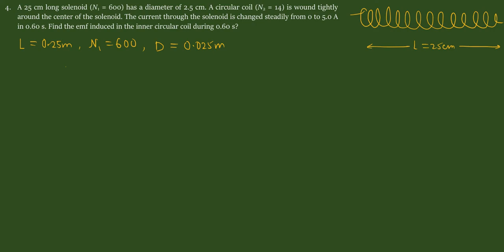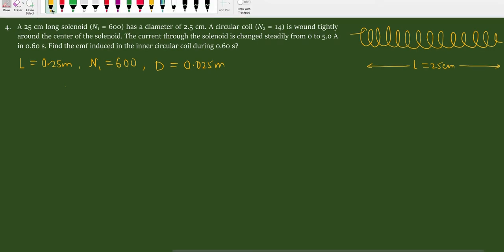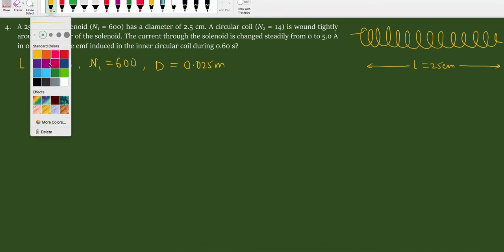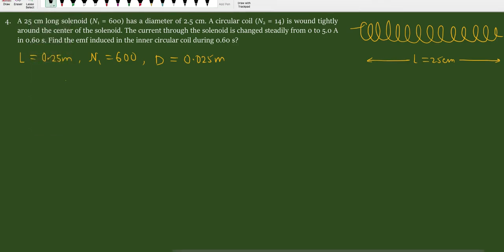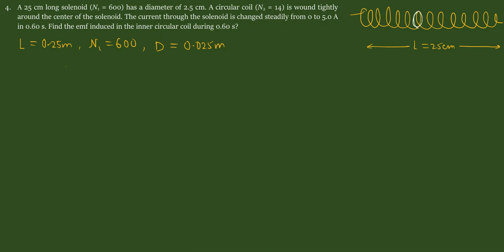And there is a circular coil that tightly wounds the solenoid. So let me use a different color to show the circular coil. So we have this circular coil that has the number of turns of 14, so N2 is 14.